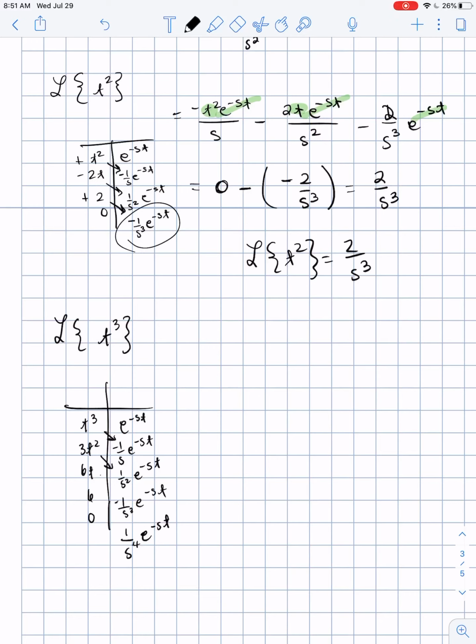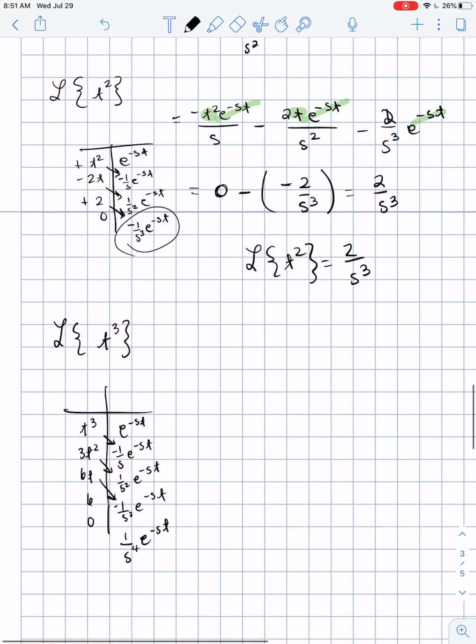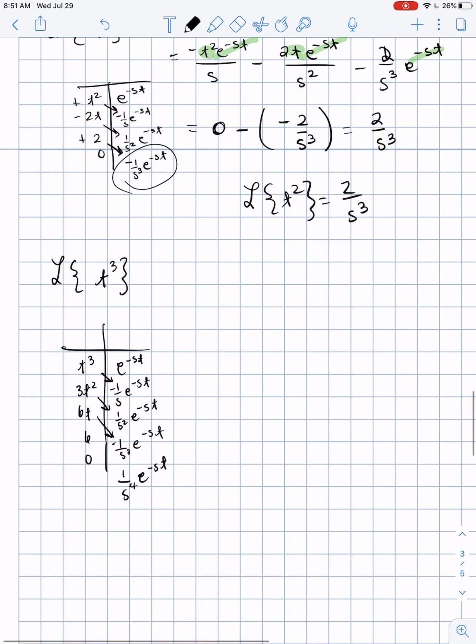You're going like that, boom, boom, boom, right, down. And then if you notice this very last term, and that's what I want to focus on, is just going to be a 6 over, and remember it's plus, minus. So it'll wind up canceling out the minuses anyway, but you have 6 over s to the 4th, e to the negative st, and then when we plug in that 0, we wind up getting that just to be 1, so you get this.